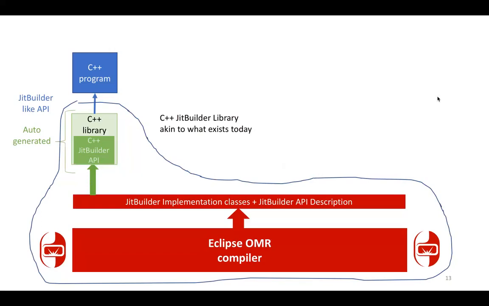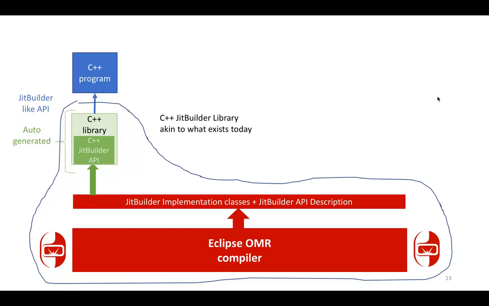So at the bottom of this diagram, we have the Eclipse OMR Compiler component. It's one of the technology components in the Eclipse OMR project. On top of that is the current set of JitBuilder implementation classes, plus this API description that I talked about, which essentially has a bunch of data that describes what API is needed in order to access the JitBuilder implementation.